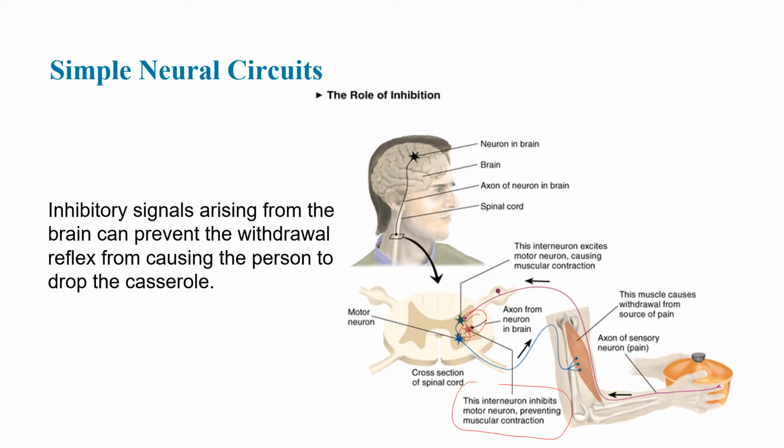So the sensory neuron says heat, pain, ow. The interneuron relays that to the muscle and the muscle pulls away unless there's something else there that is inhibiting that muscle reflex. And when we look at the neural circuits, you'll start to see what is going on with inhibitory signals.